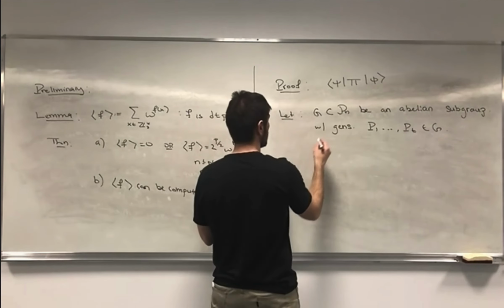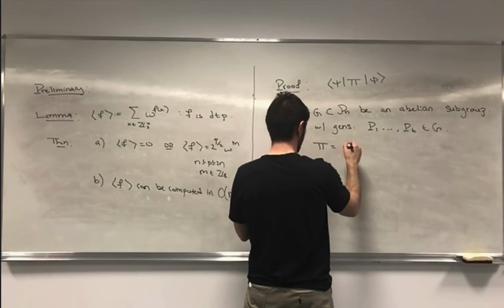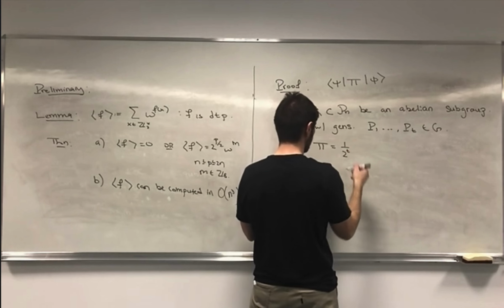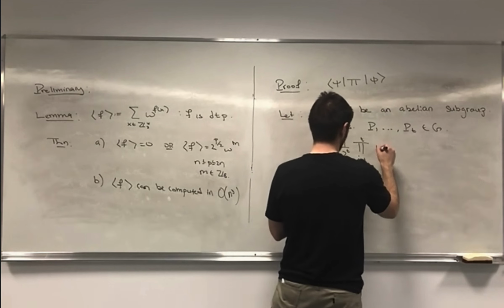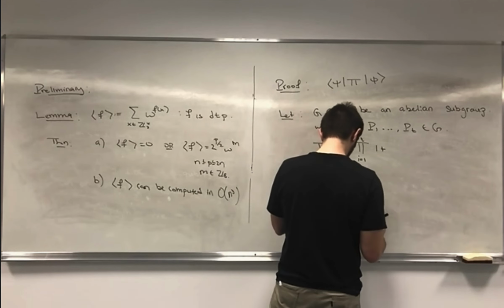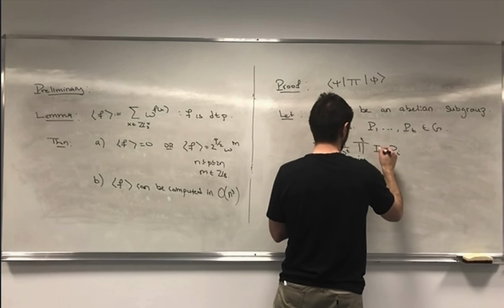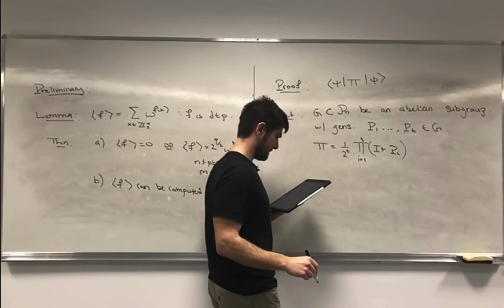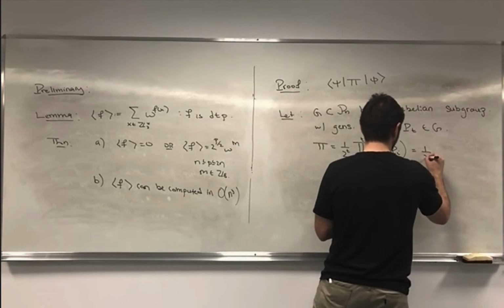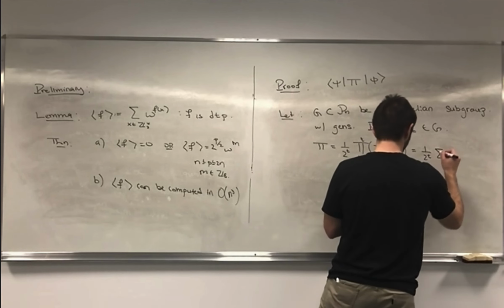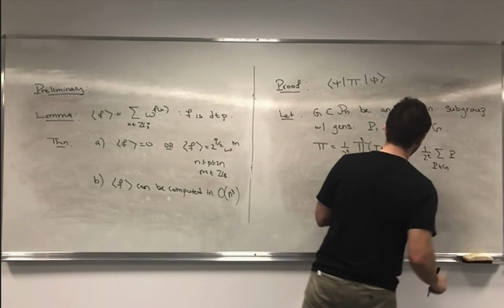Then pi is equal to 1 over 2 to the T times the product i equals 1 to T of 1 plus P_i, sorry, not 1, identity, which is equal to 1 over 2 to the T sum over P an element of G of P. Okay.